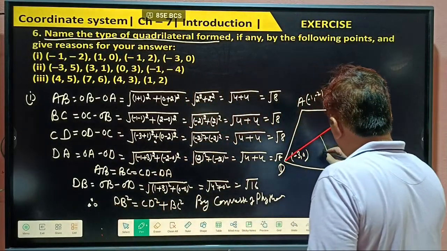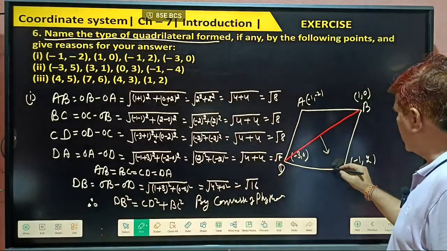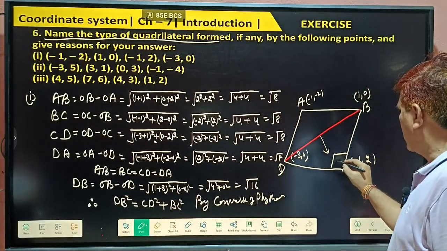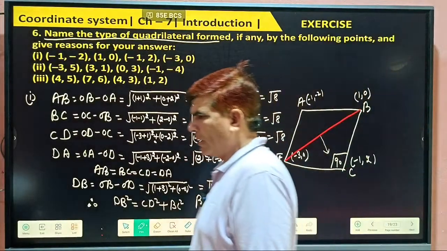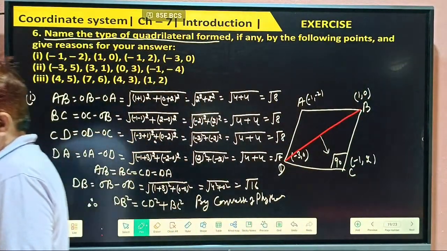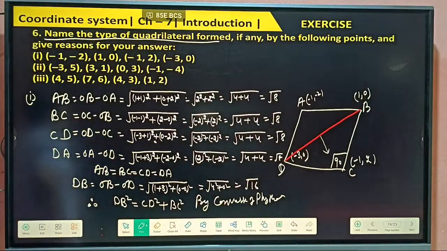It means this angle is a right angle. If one angle of a rhombus becomes 90 degrees, the remaining three angles also become 90 degrees. So this is a property of rhombus. So this is definitely a square.